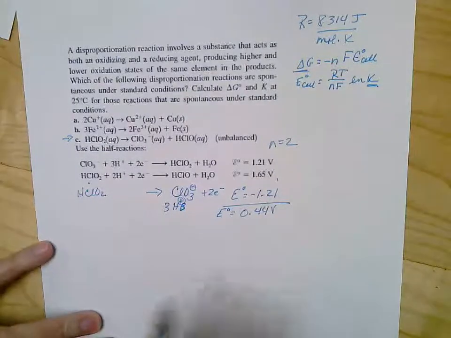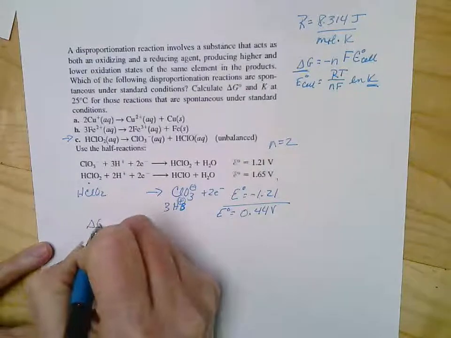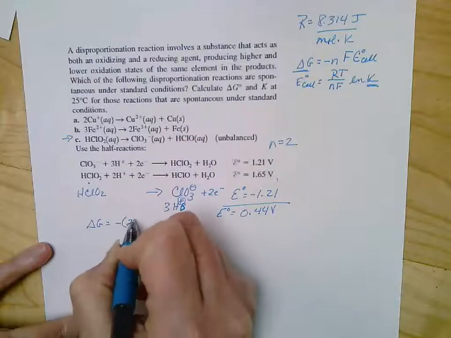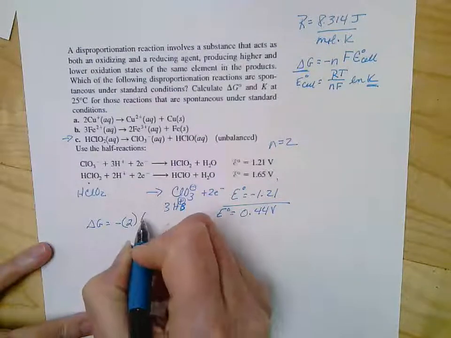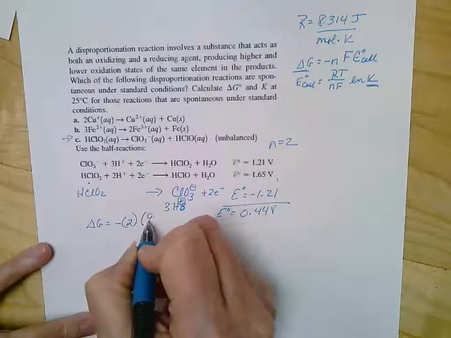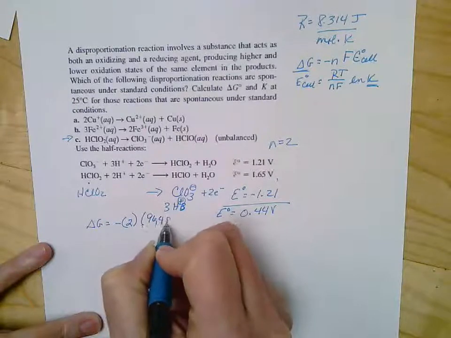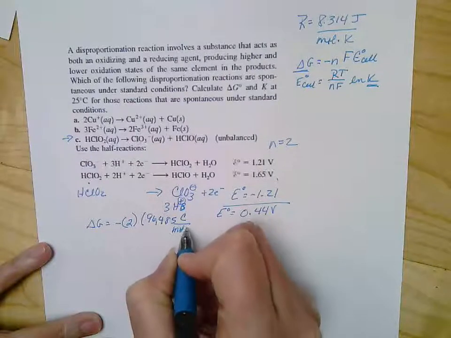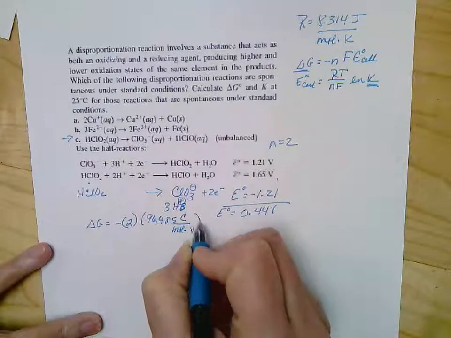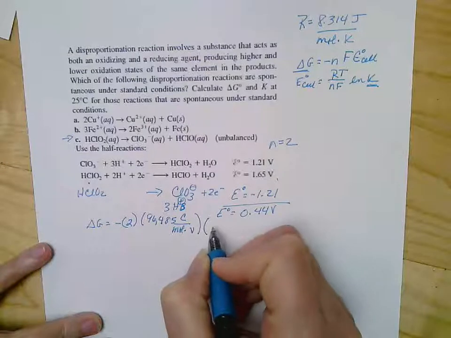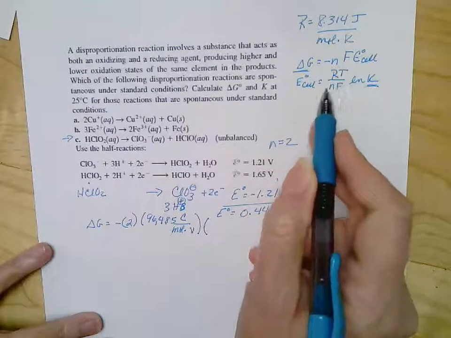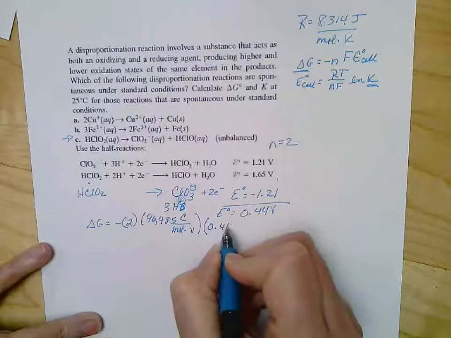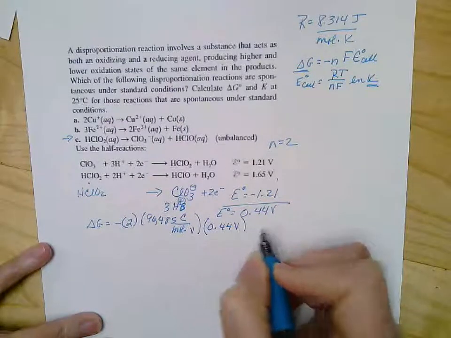It seems pretty straightforward. Delta G will equal negative 2 times Faraday's constant, which is 96,485 coulombs per mole, times volts. And then the last thing I need is cell potential, which is 0.44 volts.